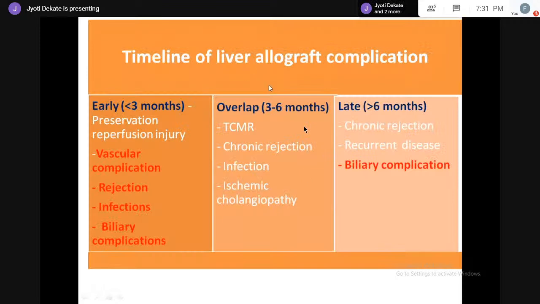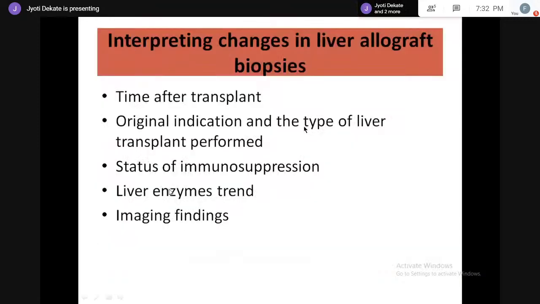A brief recap of the various complications happening in the early post-operative period and the late post-operative period. The highlighted ones are the complications which I'll try to cover in today's talk by showing some exemplary cases.